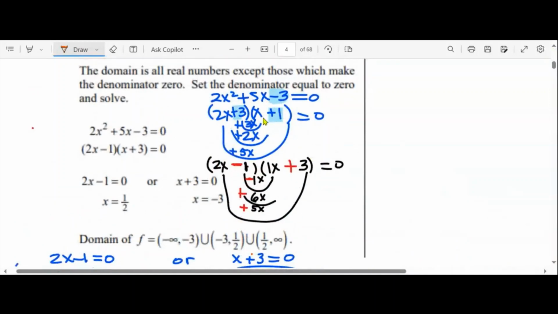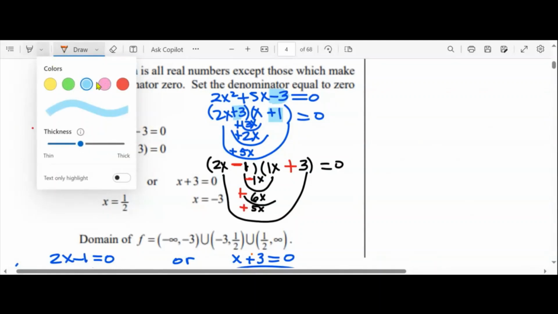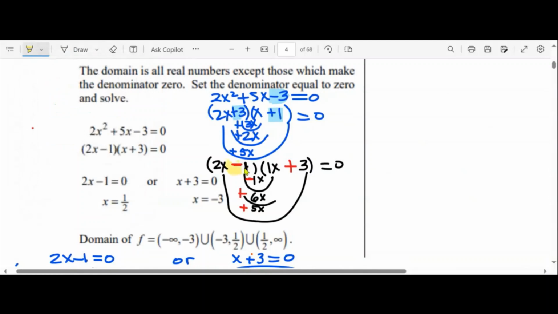Because this one is not correct, right? Plus plus, so it has to be 1 minus 1 positive. Why? Because when you multiply this times this, it gives you what? Minus 3. Right. Otherwise, it will not be correct. Clear?